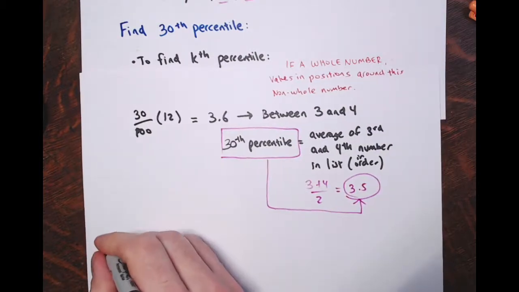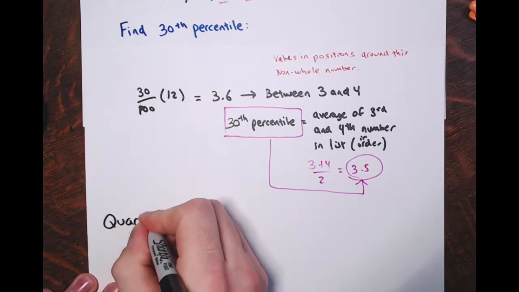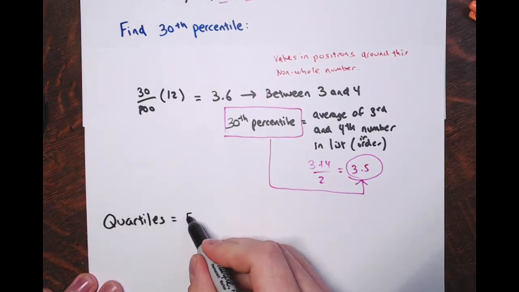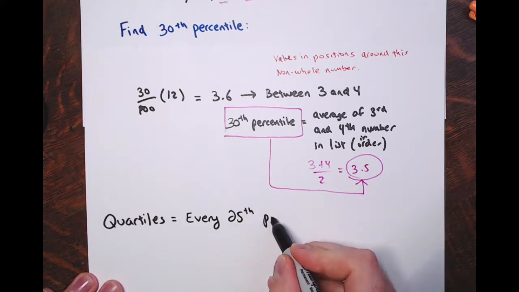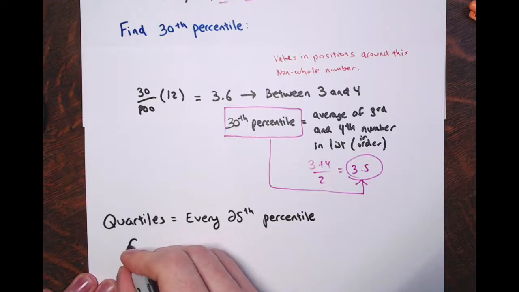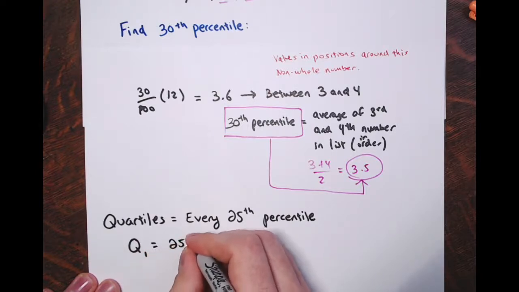Now, they mention the word quartile. Quartiles are percentiles. Quartiles are just every 25th percentile. So you have what's called the first quartile, which is just the 25th percentile.